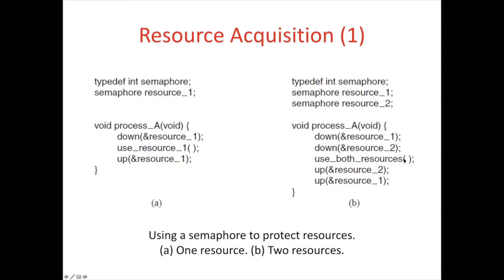Use both resources, and then up resource 2 and up resource 1. Here first they are requested by the down operation, and then they are used and both are released by the up operation. After both are used, they are released.